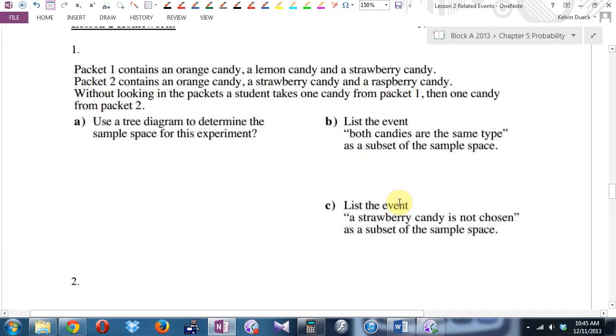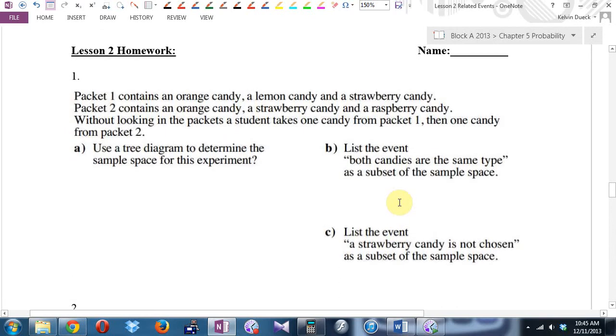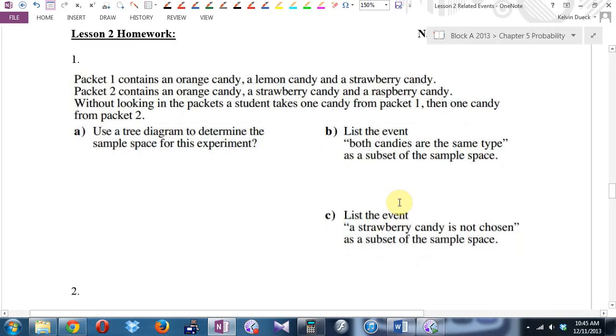So, homework. Says packet 1 contains an orange, can we, do I want to do number 1? Sure, 1 is good.